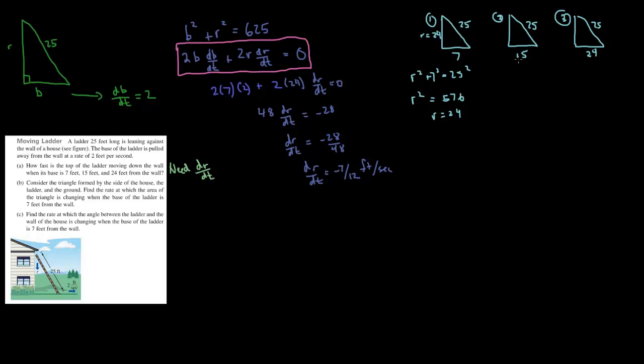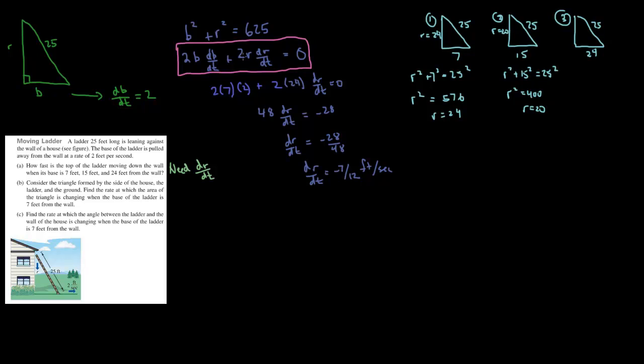So if b equals 15, then r squared plus 15 squared equals 25 squared. 25 squared being 625 and 15 squared being 225, we get r squared equals 400. So r equals 20 in this case.